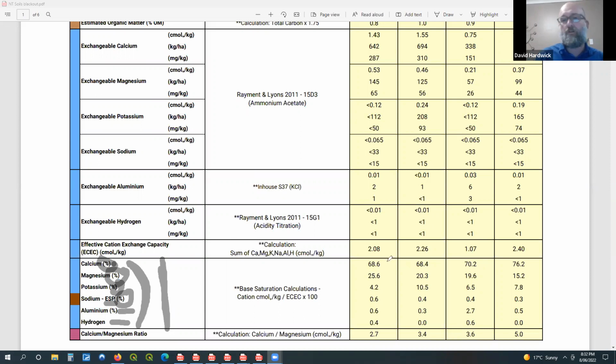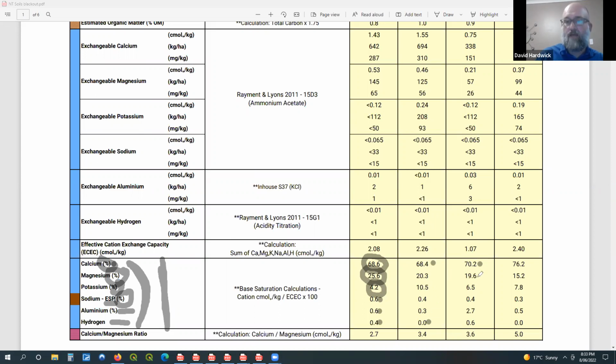And if you have a look at this first soil, this front bar has 68% calcium hanging in it, 25% magnesium, 4% potassium, a little bit of sodium, and a very little bit of aluminium and hydrogen. And this one has no hydrogen and around the same.